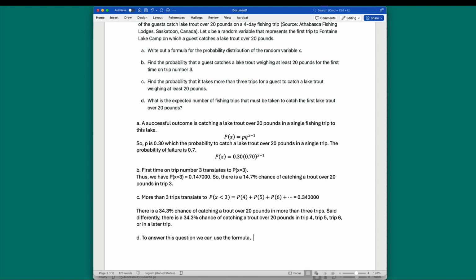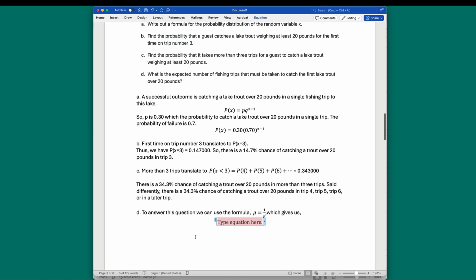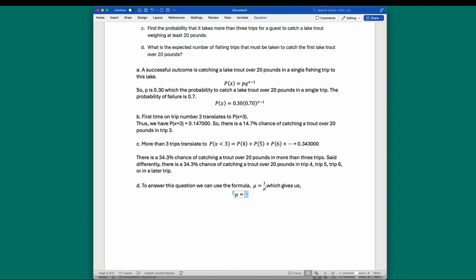To answer this question, we can use the formula that our expected value, mu, is equal to 1 over p, which gives us our mean equal to 1 over 0.30, because that's our probability of success, and this equals 3.33333 and so on. Thus, the expected number of trips to catch a lake trout over 20 pounds is 3.3 trips.